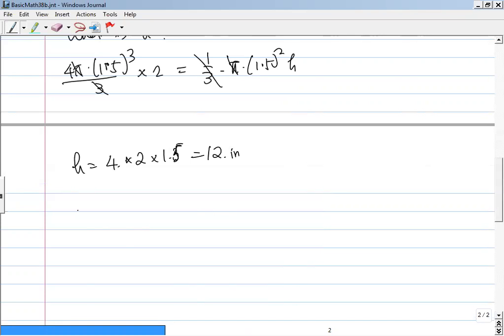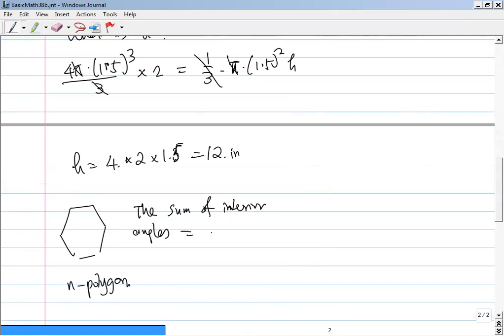For an n-gon, the sum of the interior angles is going to be n minus 2 times 180 degrees, right?